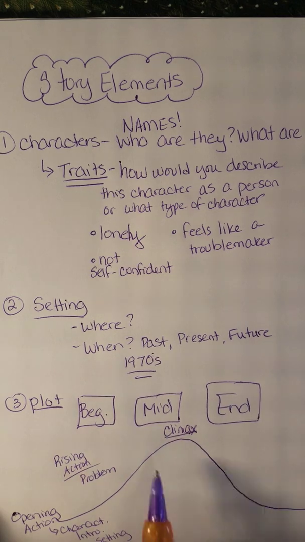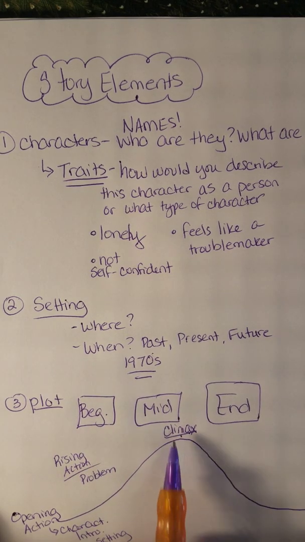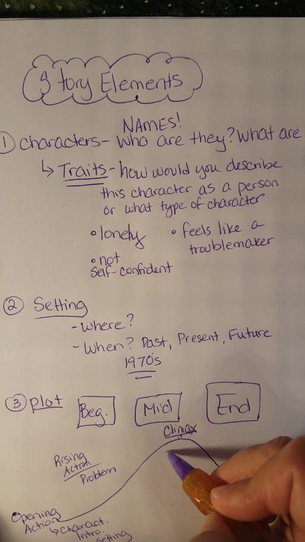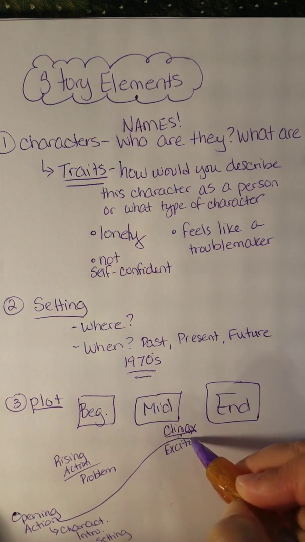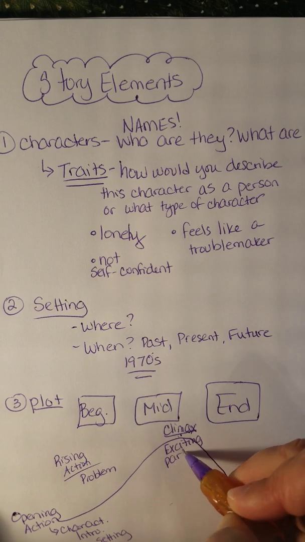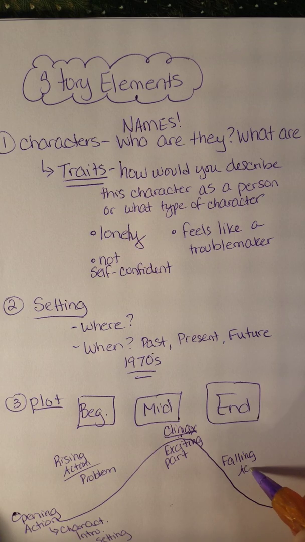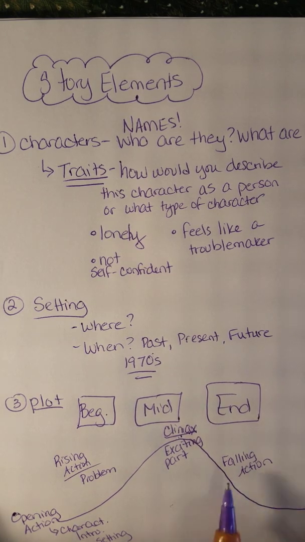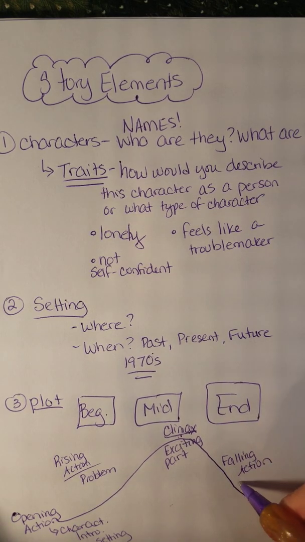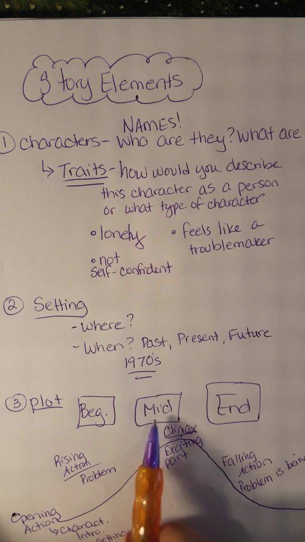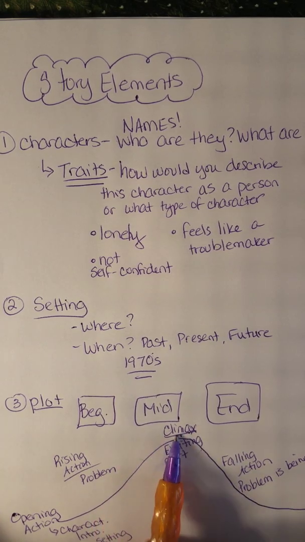And it's, you know, what do you want? What's going to happen next? Okay. And then you have what they call, so this is the exciting part of the story. Then you have what they call falling action. And this is going to be as the story is, as the problem is being solved. What's happening? So this is kind of what's going on because of this problem. What's the most exciting thing that happens because of this problem?